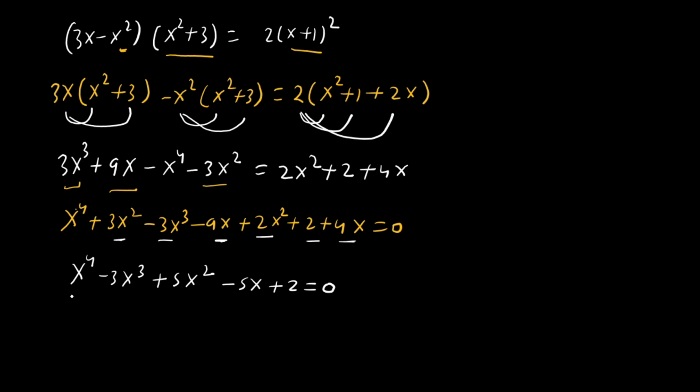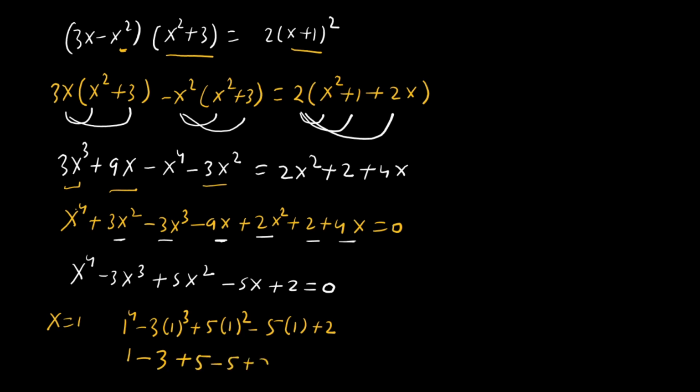Here this is a biquadratic equation. First we will find one zero of this biquadratic polynomial. Here if we substitute x equals 1, then 1 power 4 minus 3 times 1 power 3 plus 5 times 1 power 2 minus 5 times 1 plus 2. 1 power 4 is 1, minus 1 power 3 is 1 multiplied by 3, then minus 3, plus 5 minus 5 plus 2.